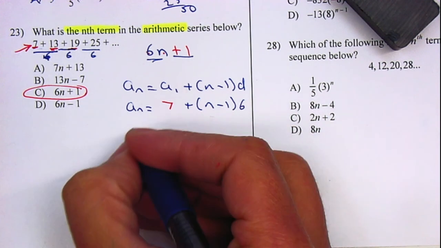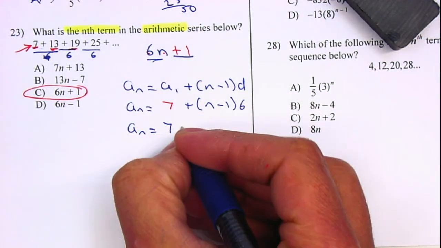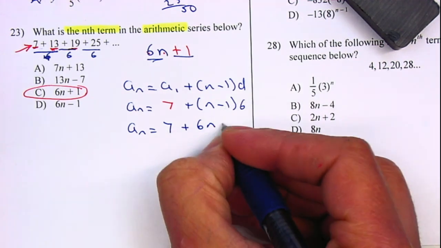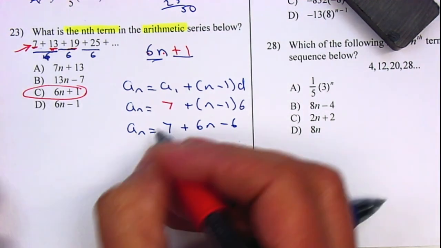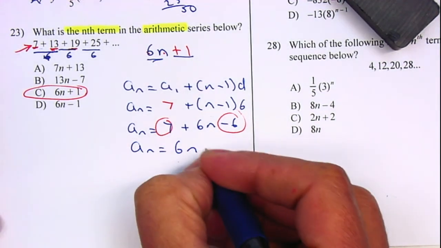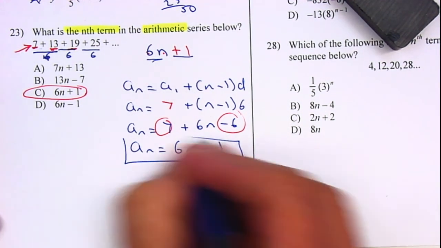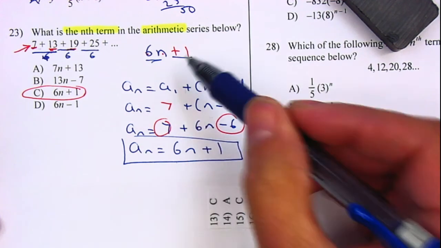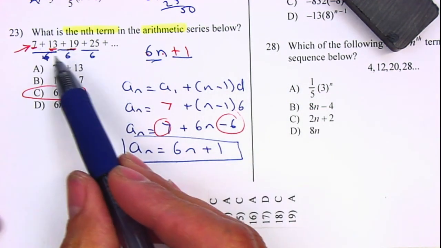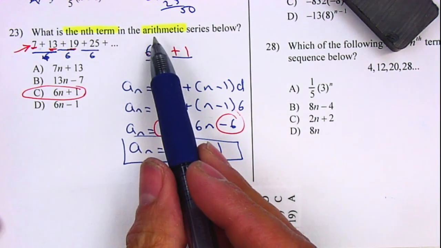Let's just multiply it out. a sub n is equal to 7 plus 6n. 6 times negative 1 is negative 6. I'm going to combine my like terms. So a sub n is equal to 6n plus 1. And your answer is C. Now remember that you can only use this type of function if it's an arithmetic sequence.